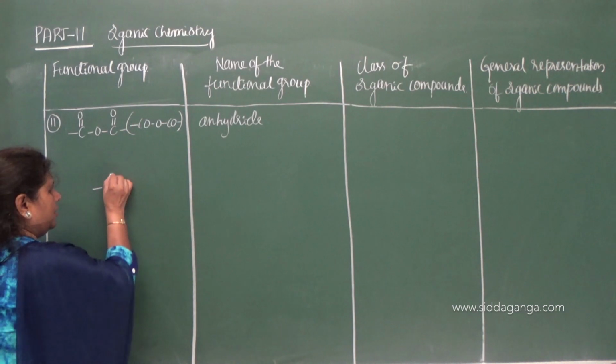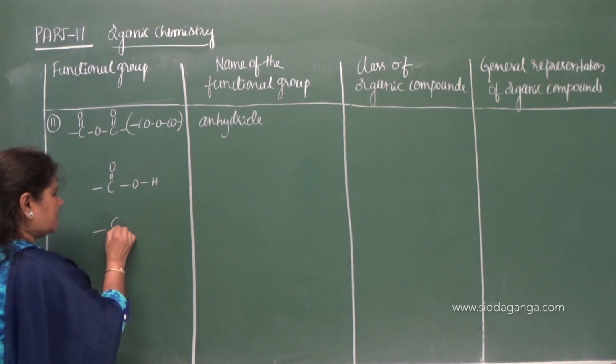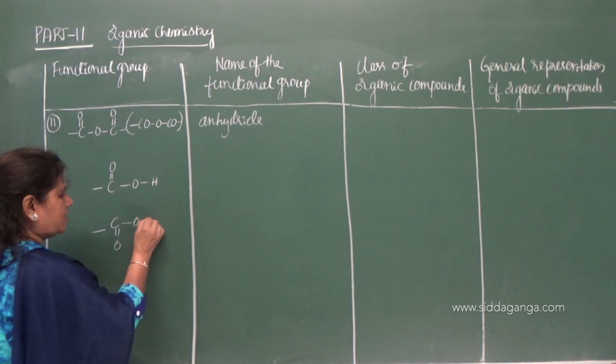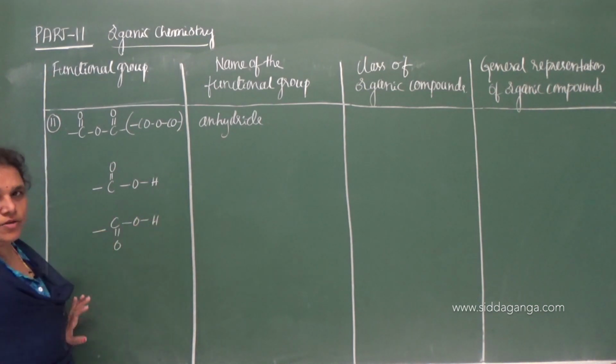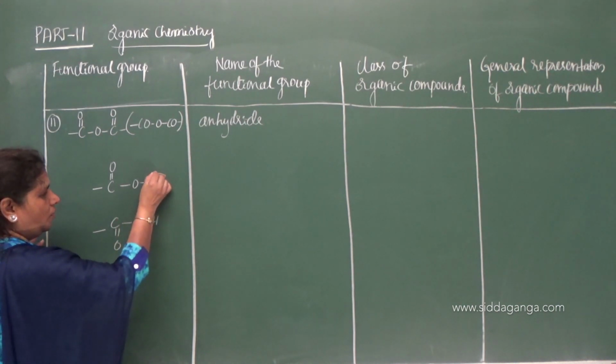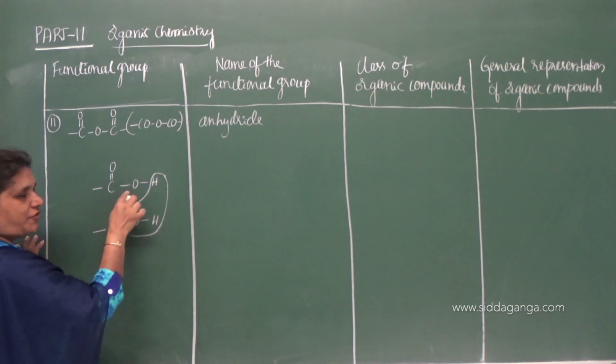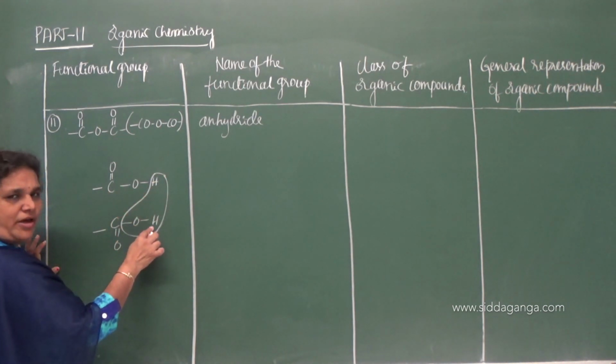See here, this is a carboxylic acid, and this is the second molecule of carboxylic acid. Take two molecules of carboxylic acids, and remove one molecule of water: hydrogen from one group, OH from another group.